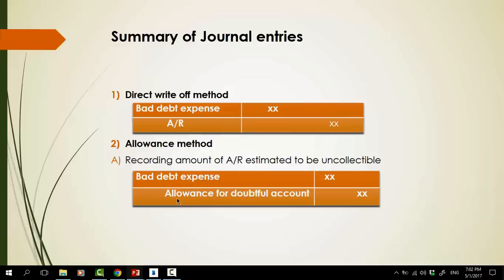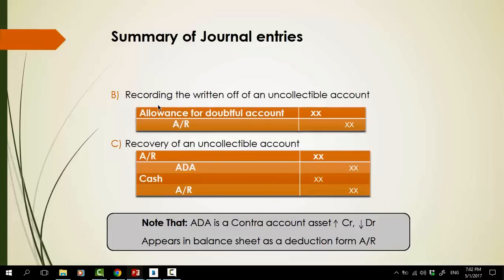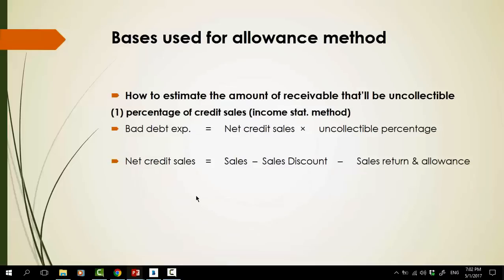I will discuss this point later on. Recording the write-off of the uncollectible accounts: allowance for doubtful account and accounts receivable. Recording the recovery of the uncollectible accounts previously written off: accounts receivable and ADA, and cash and accounts receivable.